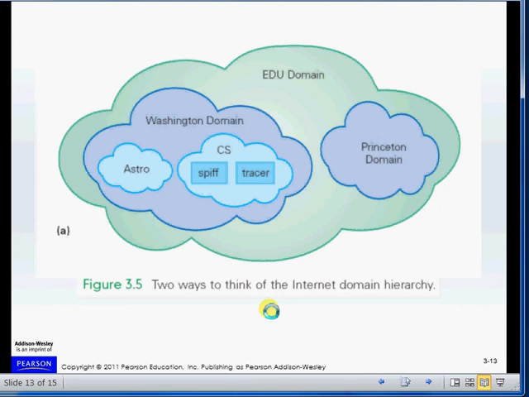In the edu domain, you've got the University of Washington domain, you've got the Princeton University domain, and somewhere in there, you've got the University of Montana domain. Inside each of those domains, you have subdomains.